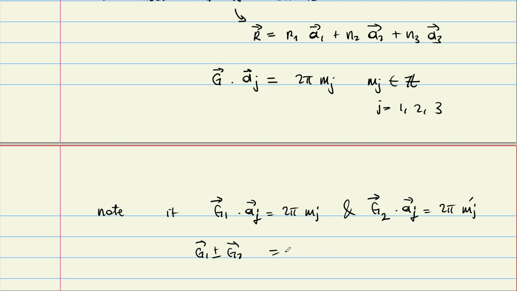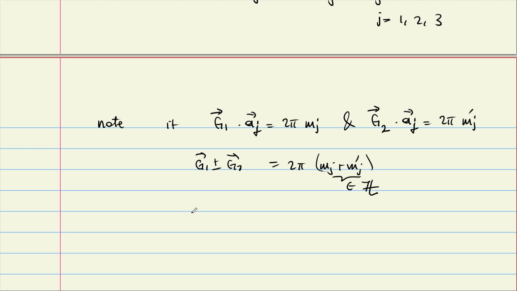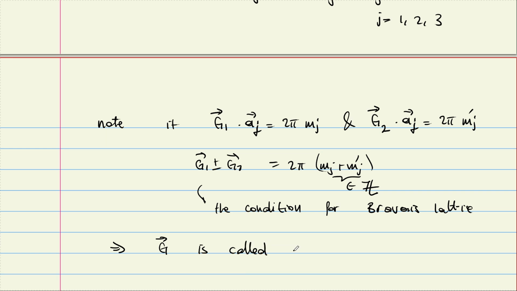They are equal to 2 pi times mj plus mj prime, which is also an integer, right? But this is the condition for a Bravais lattice. Then this is called the reciprocal lattice.